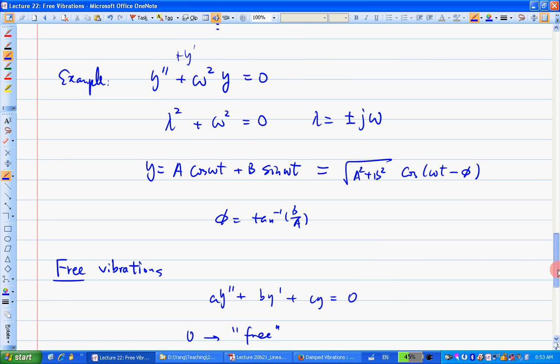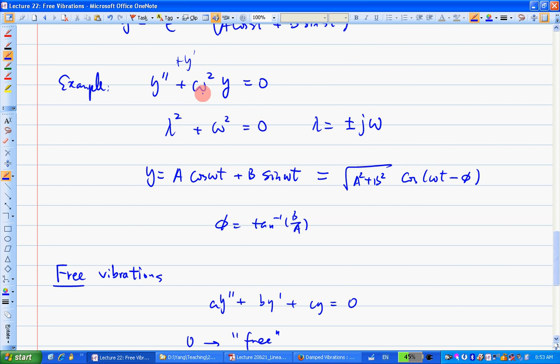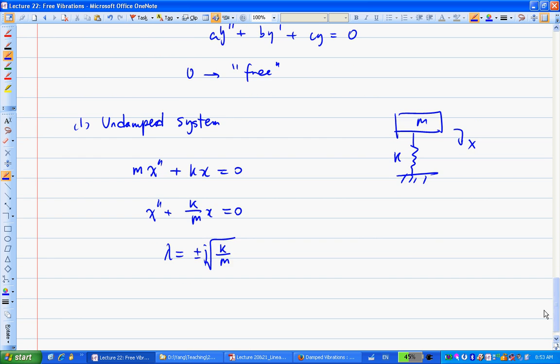Now, in this example I use the symbol omega square here, right? So the omega here is what value? It's the square root of k over m.